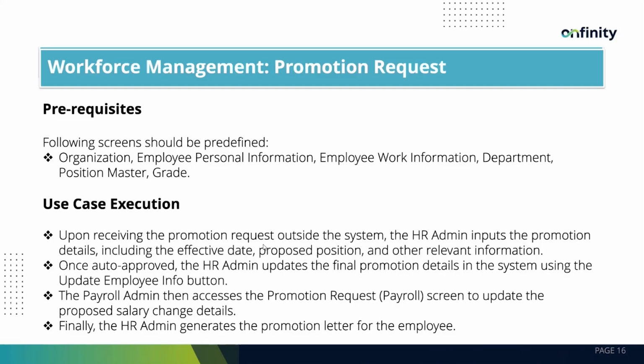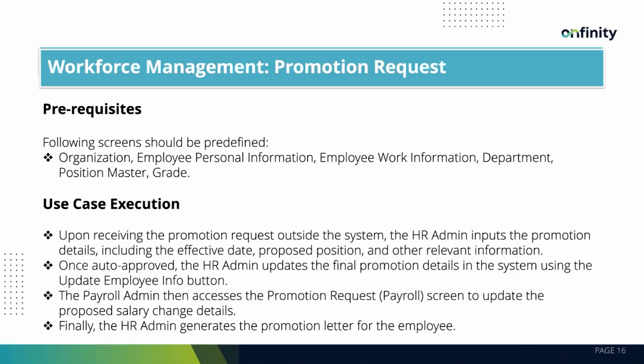Upon receiving the promotion request outside the system, the HR admin inputs the promotion details, including the effective date, proposed position, and other relevant information. Once auto-approved, the HR admin updates the final promotion details in the system using the Update Employee Info button. The payroll admin then accesses the promotion request payroll screen to update the proposed salary change details. Finally, the HR admin generates the promotion letter for the employee.